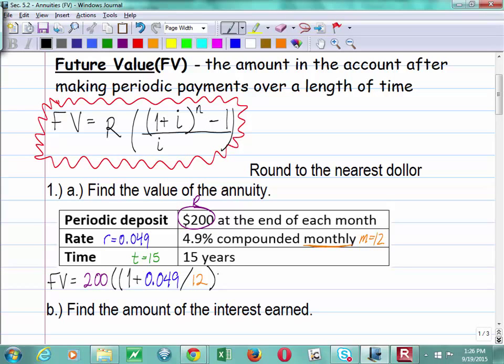Alright, so to the power of, now remember N is going to be M times T, so that's going to be 12 times 15, minus 1. And then divided by I again, which is 0.049 over 12.